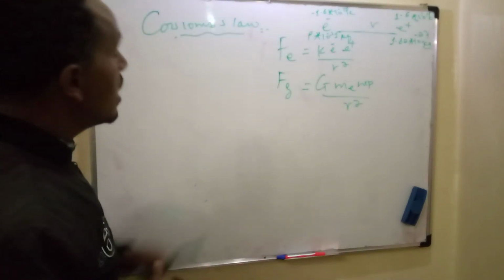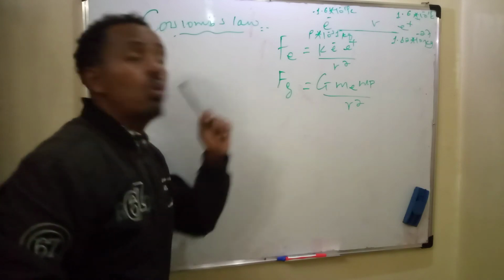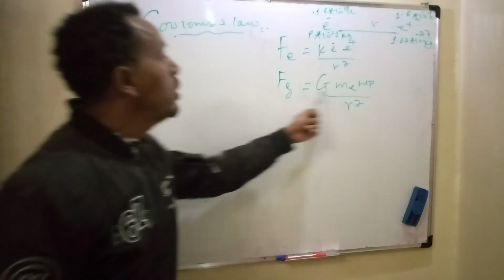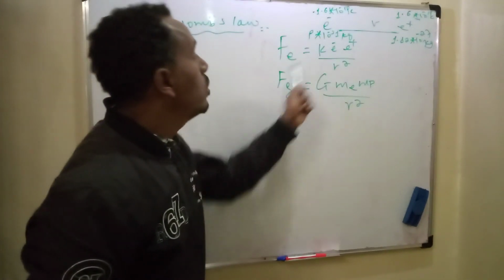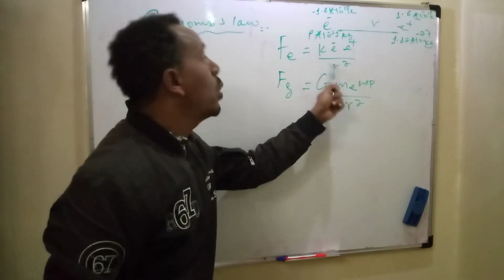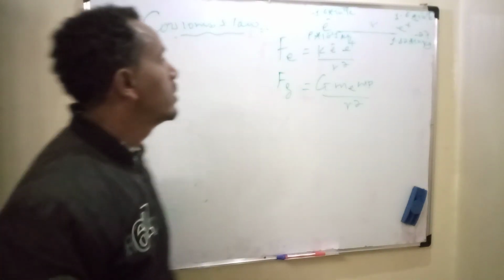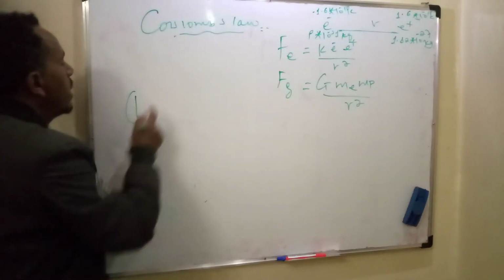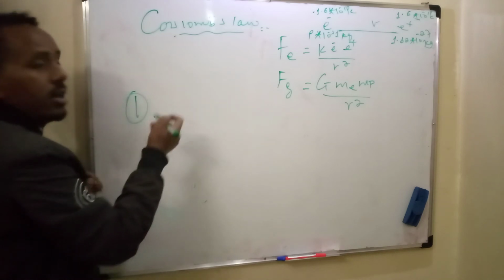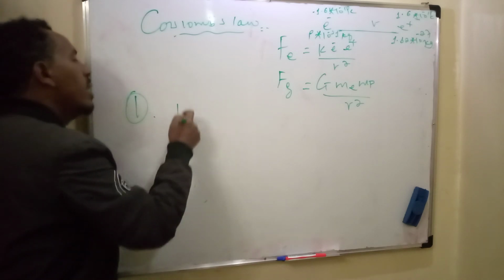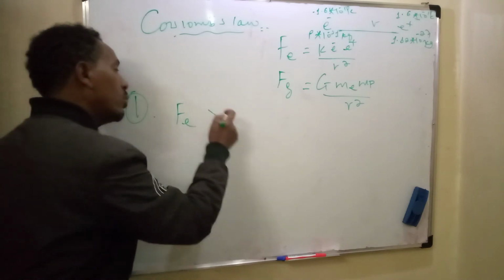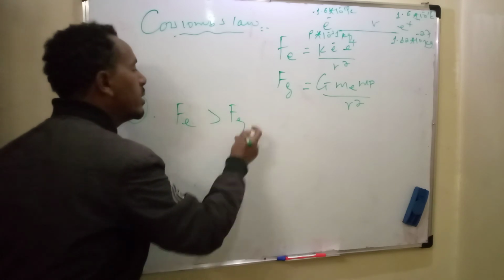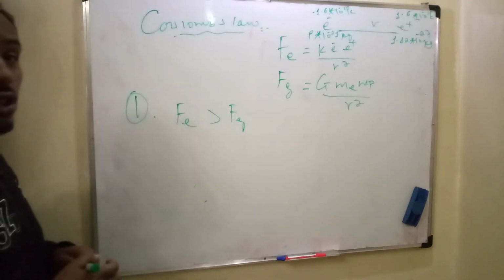Now, the difference between Newton's gravitational force and Coulomb's electrostatic force. The first one, the magnitude of electrostatic force is always greater than the magnitude of gravitational force.